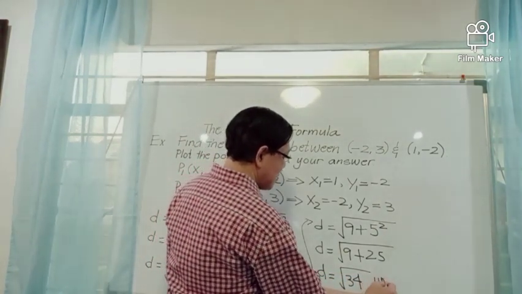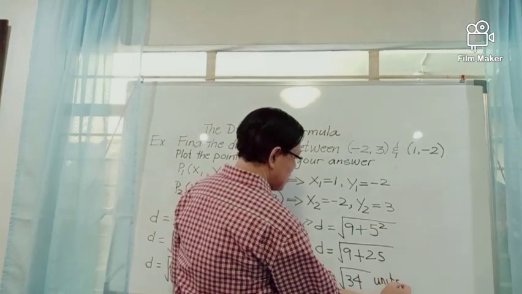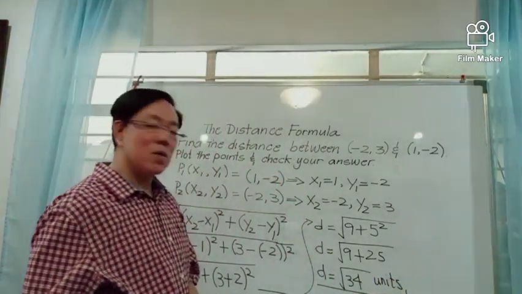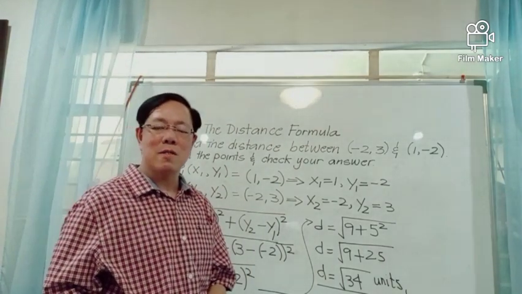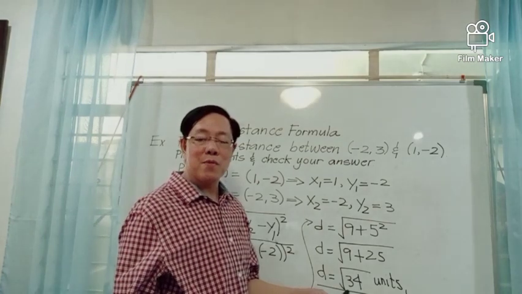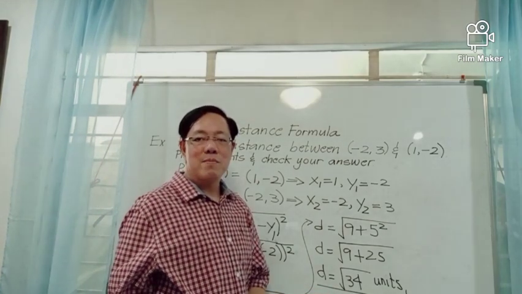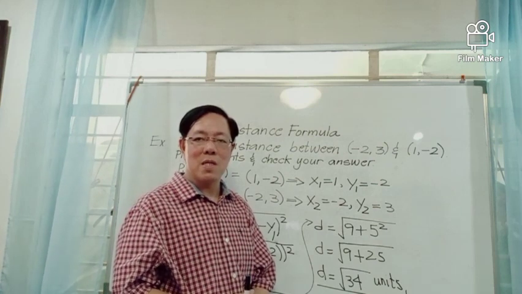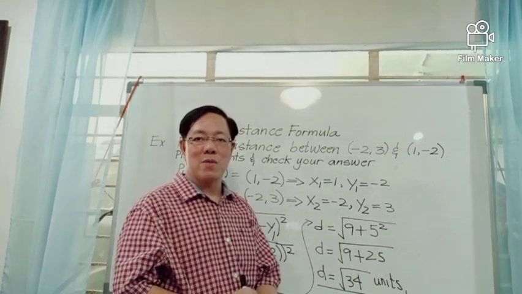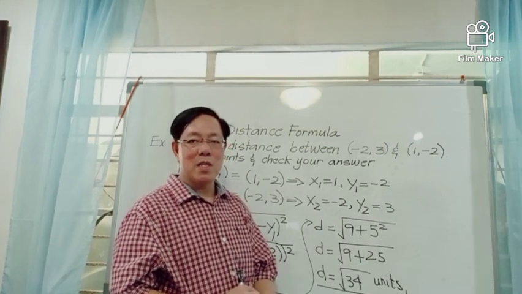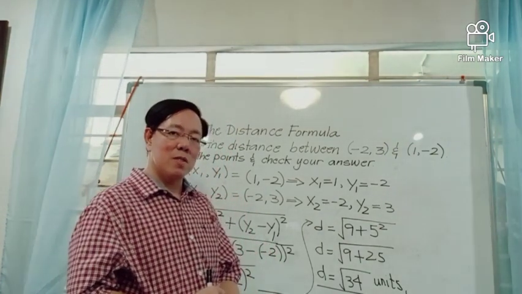units. The distance between the two given points is square root of 34 units. Again, if you want to extract the root of 34 and round it off to 2 decimal places, take only the principal root of 34, or the positive root of 34, for the distance between the 2 points.